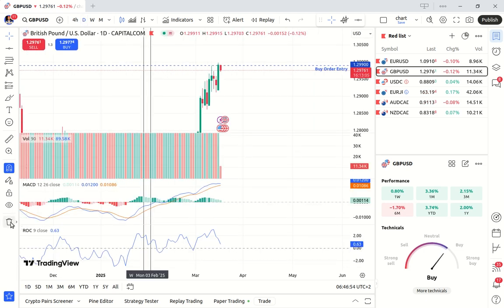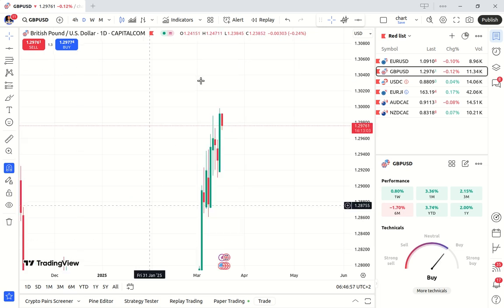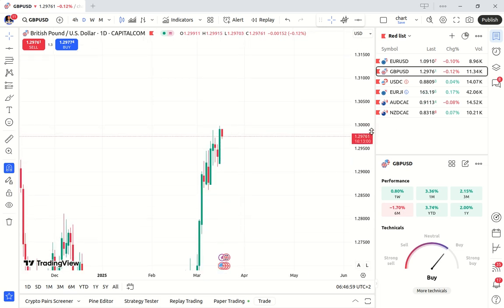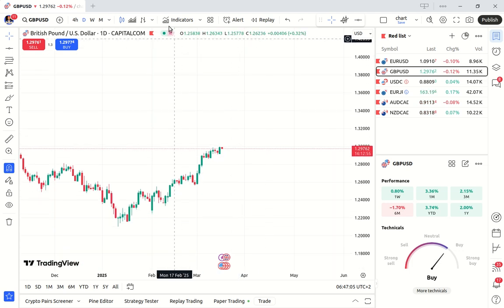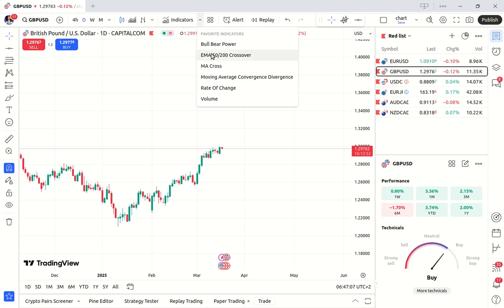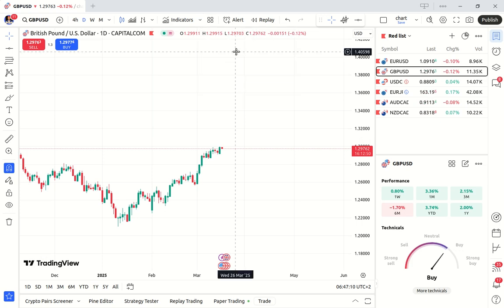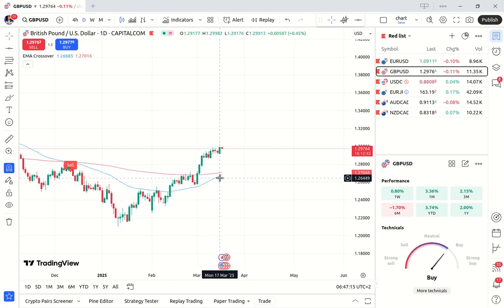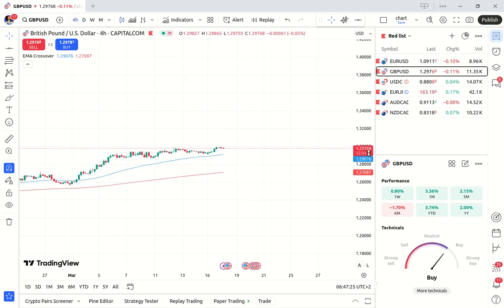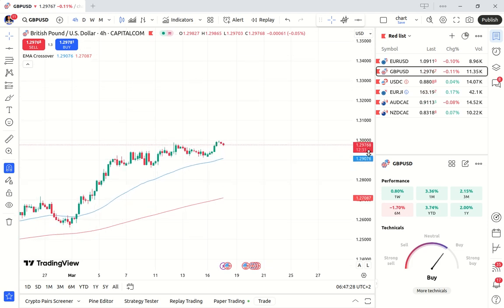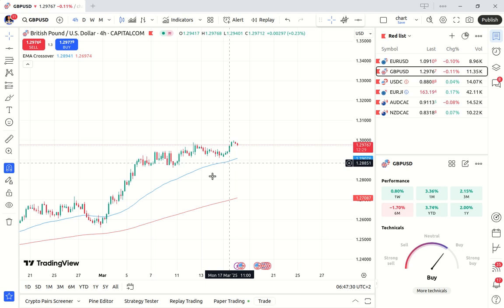Let's just remove these lines. So if you look at it from the day, it is giving you dip buy vibes. I remember when I started trading forex, in the beginning, it was like, how is it that you can trade the forex pair before it crosses, right?